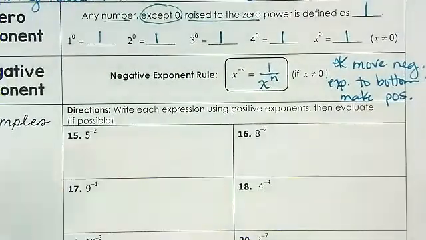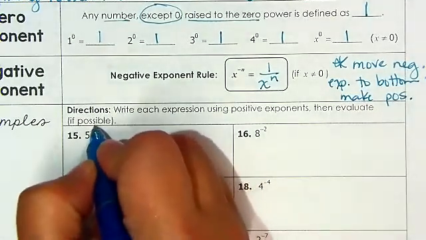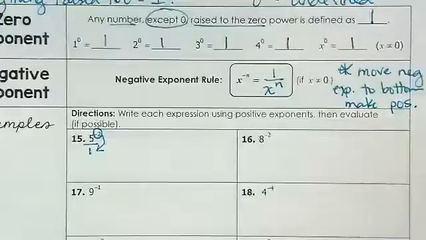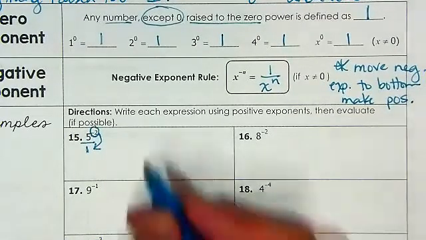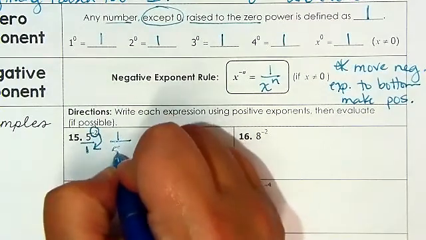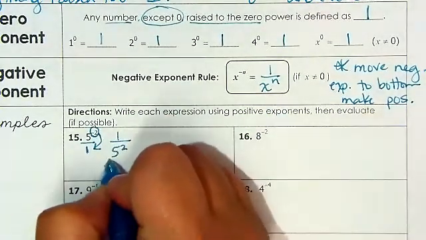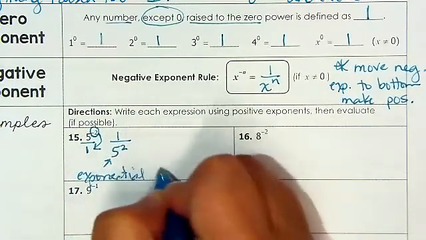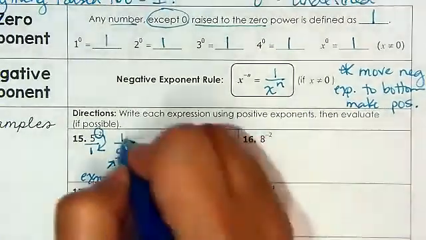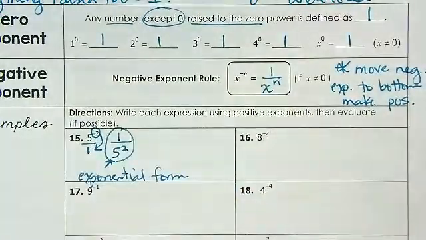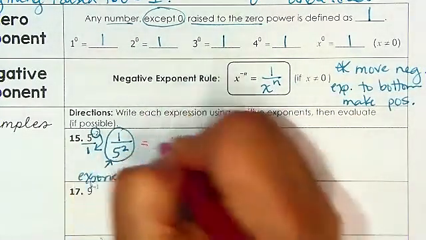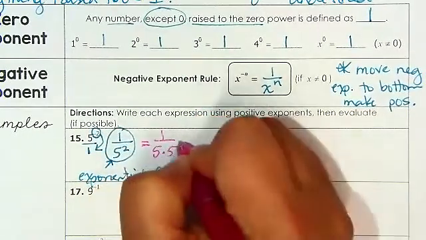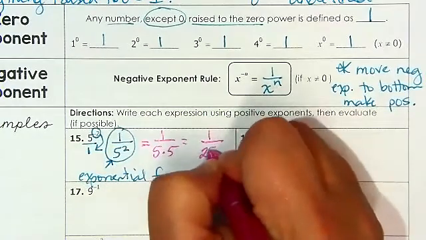All right, so if I have 5 to the negative 2, to make that negative 2 become positive, I move it to the denominator, because right now this is a fraction that has 5 to the negative 2 over 1. So I move it down. It's now going to become 1 over 5 squared. This is the exponential form. Now the value, where I actually work it: that means it's going to become 1 over 5 times 5, which gives me 1 over 25.